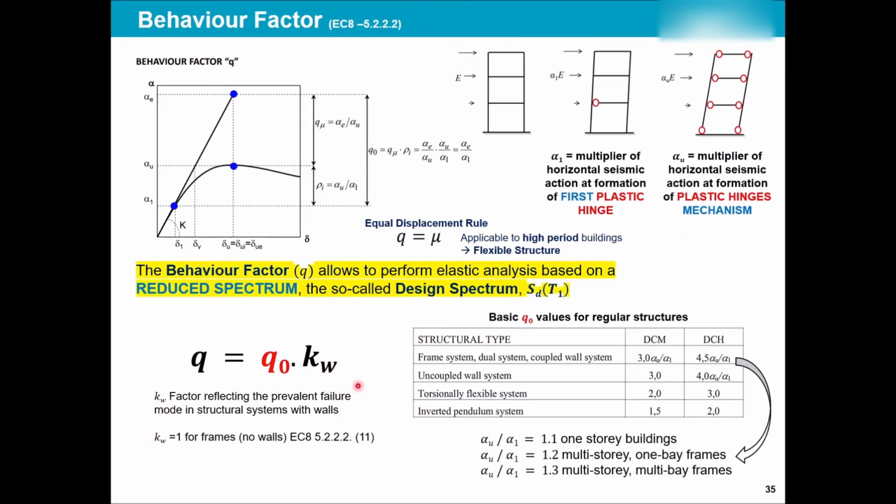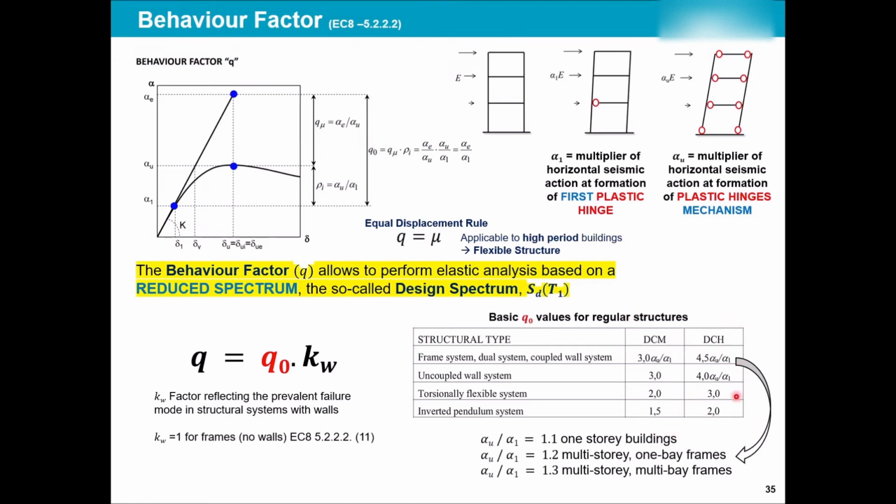KW has a value depending on whether the structure has walls or no walls, and then the most important bit is K0, which really is a relationship between how the initial plastic hinge in a structure is formed and what the plastic hinge mechanism of the structure should be. You don't need to know these so much. The authors of Eurocode have used these simple formulations, which is a relationship between alpha U and alpha 1 for different ductilities: medium ductility, high ductility.